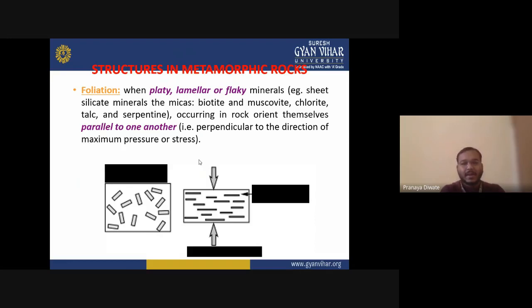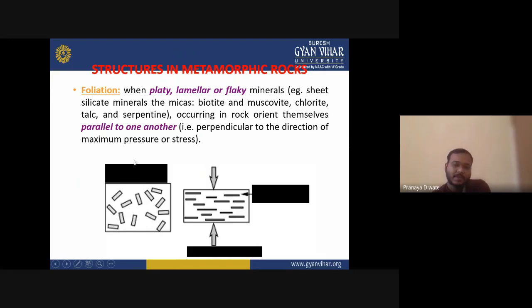It arranges all the minerals in your rock so that they are elongated in one unidirectional manner. Now you can see here easily, the mineral crystals are not uniform in size or in their arrangement.